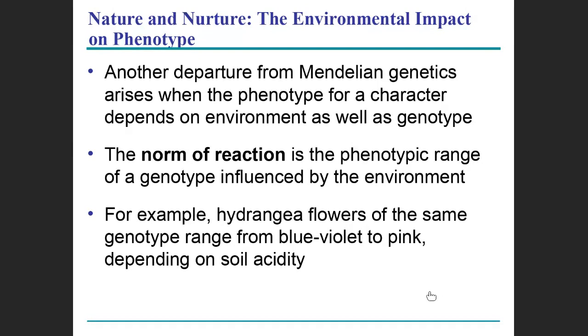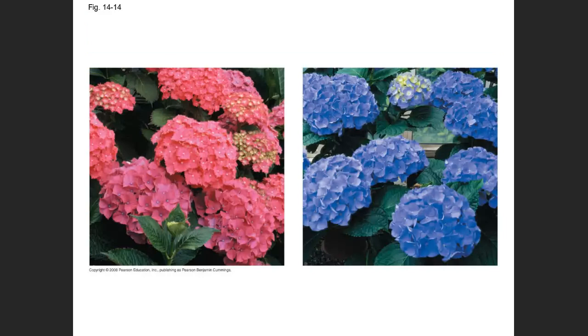It's really very pretty when you see something like that. But it's the exact same plant, exact same genotype. It's just the soil pH determines whether the flowers are red or blue. Or if the pH is around neutral, you get these purples.